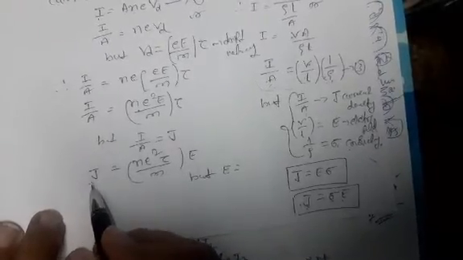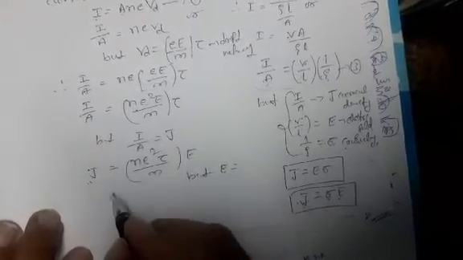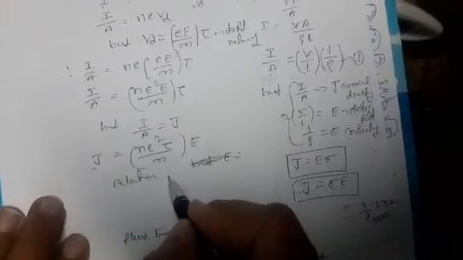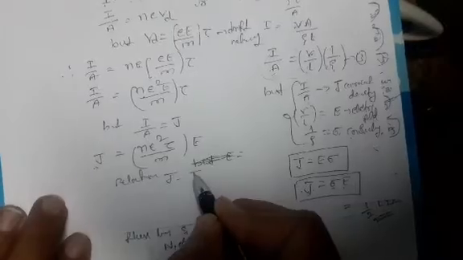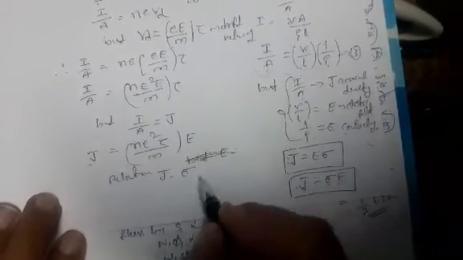J is the current density. See the relation between current density and conductivity. What is the relation from the previous discussion?